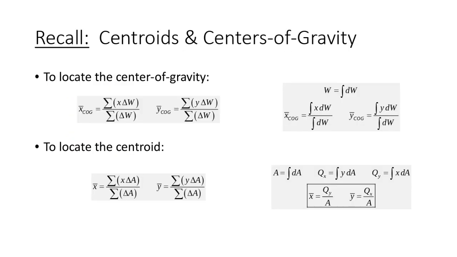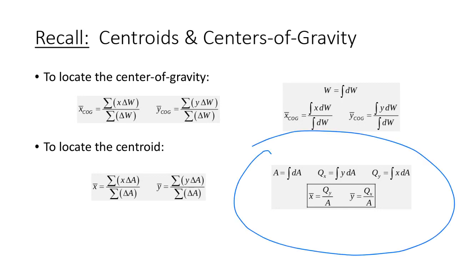So we've introduced two terms: the center of gravity and the centroid. Remember, the center of gravity is sort of your weighted average of your weight, and the centroid is the weighted average of your area. And there are two ways you can go about it. You can use a calculus-based perspective. For instance, if we're talking about centroids, let's say we're looking at this application down here.